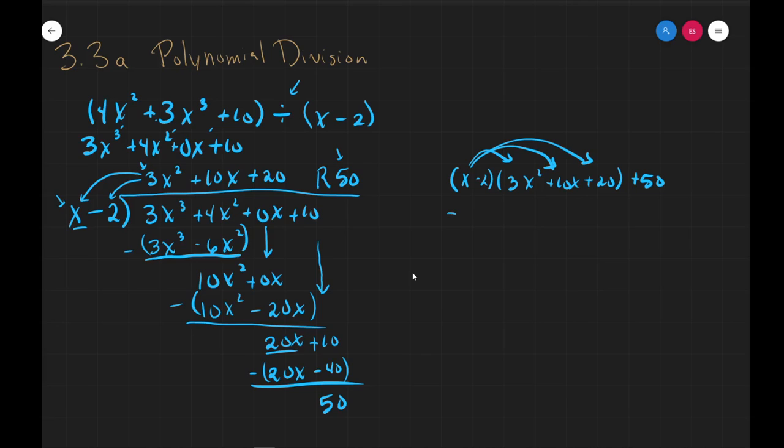So that's going to be 3x cubed plus 10x squared plus 20x. We take this negative 2 and distribute it. We get minus 6x squared minus 20x minus 60. And then this plus 50 is along for the ride, so plus 50.